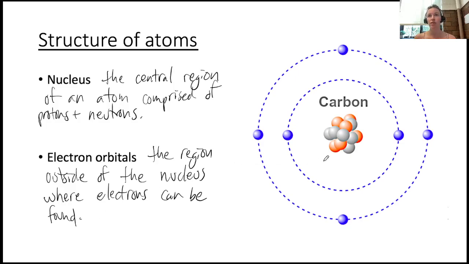So you'll see here, the nucleus is the central region where we have this kind of compacted arrangement of both protons and neutrons. This is where much of the mass of this atom comes from. And then surrounding the nucleus, we have these orbitals that here are shown to us just kind of as circles where the electrons live.